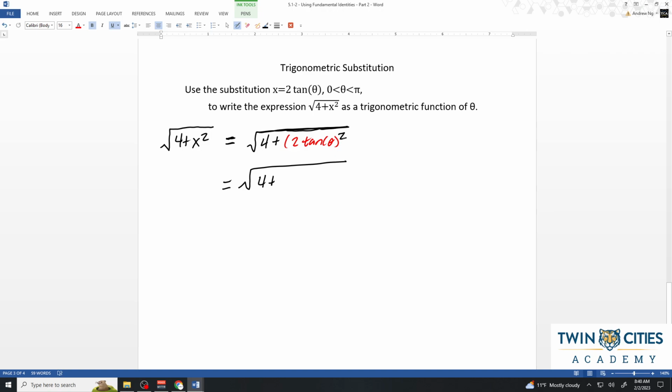Okay, so this is the square root of 4 plus 2 times tangent of theta, that squared. That's the same as saying this is 4 here plus 2 squared times tangent of theta squared.